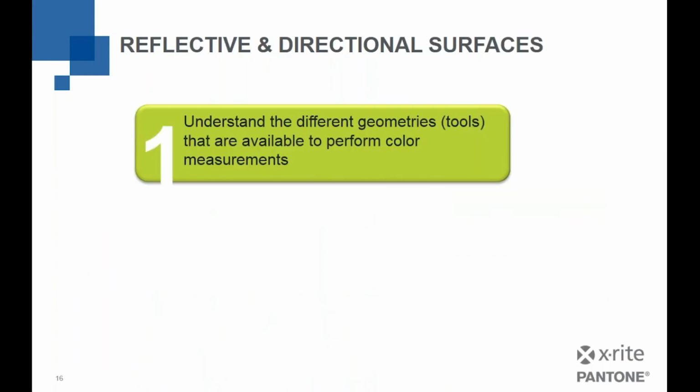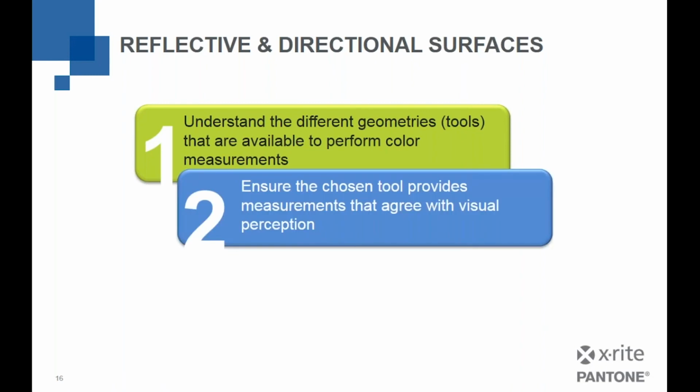So to summarize, if we're going to measure any of these reflective or directional surfaces, number one, we need to understand the different geometries, tools that are available to perform these measurements. We want to ensure that the chosen tool provides measurements that agree with visual perception, and this can take some trials, honestly. If you've got surfaces that you think may be causing issues for you, and you have a particular kind of instrument you're using to measure them, you can do some pretty simple testing, similar to what I did.